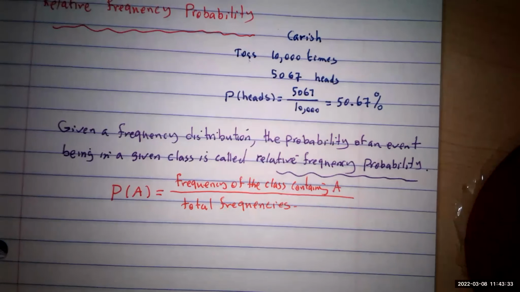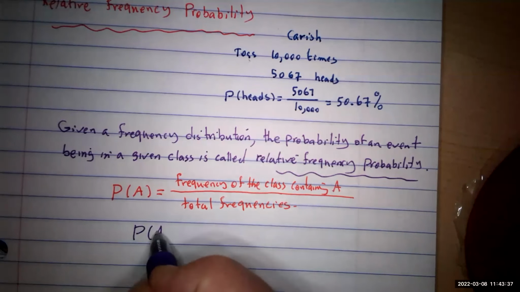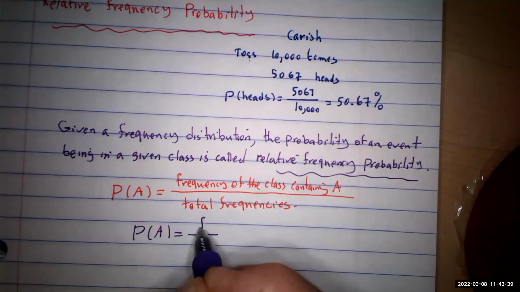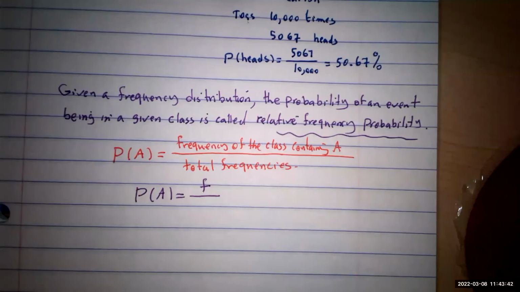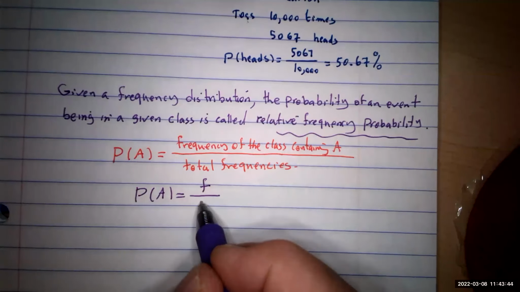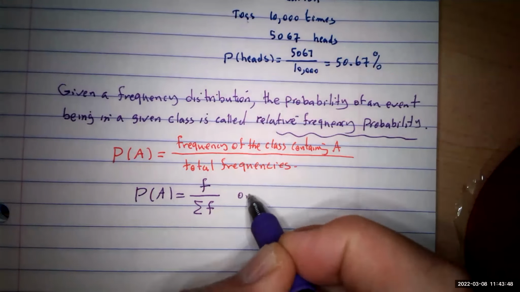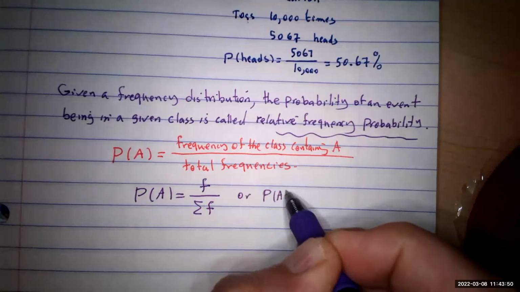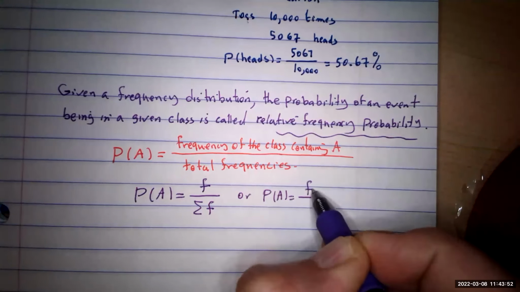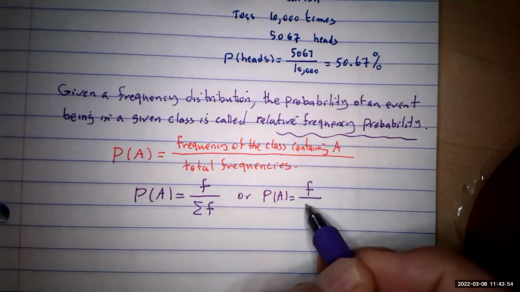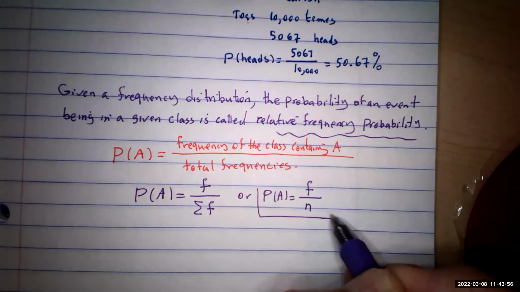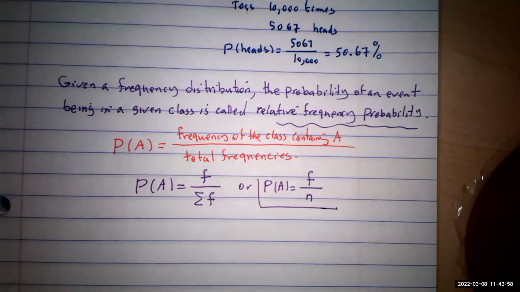Or as we did before, P of A is equal to the frequency of the class divided by the total number of frequencies, sigma F. Or in short, the probability of A is going to be F over N.